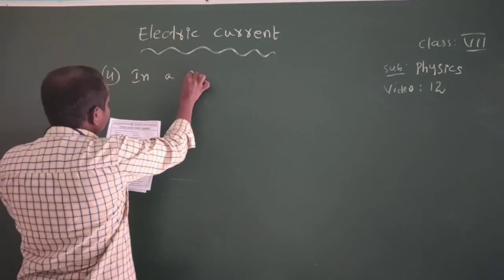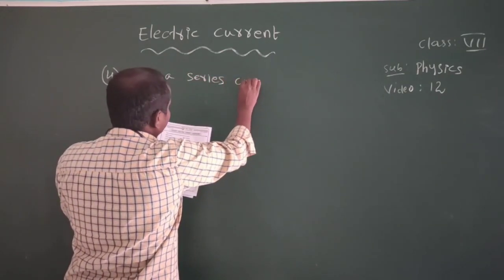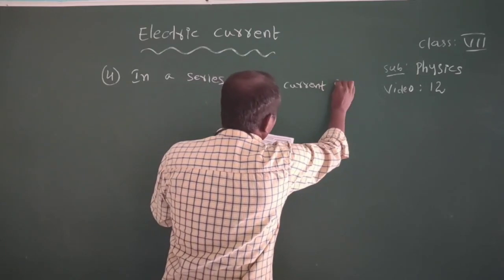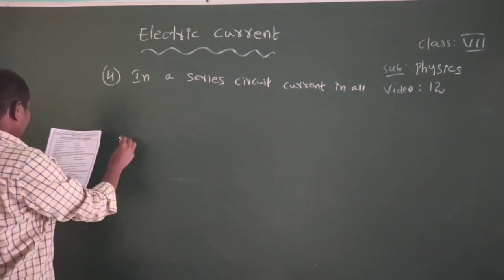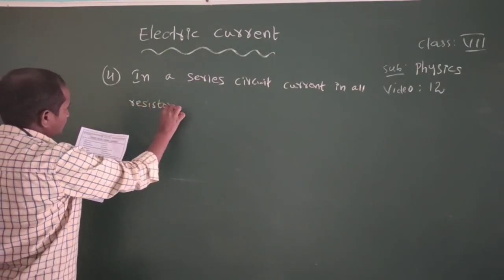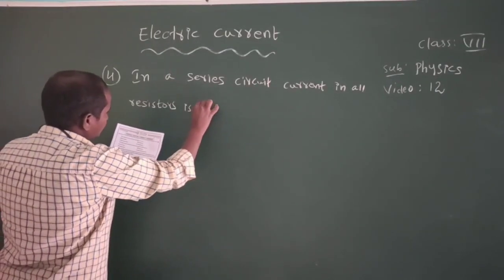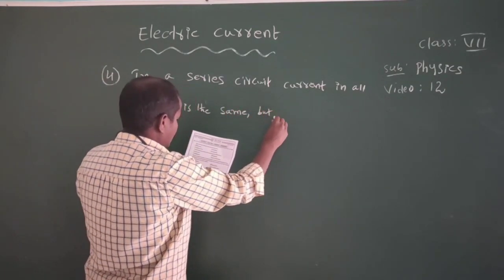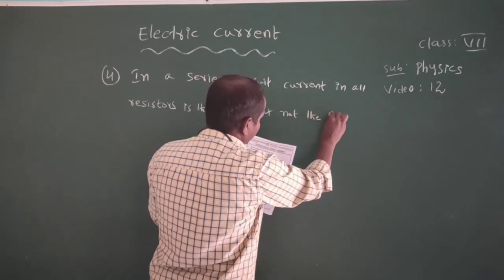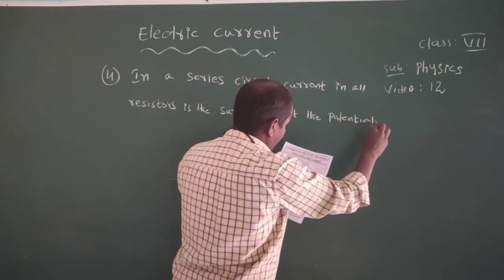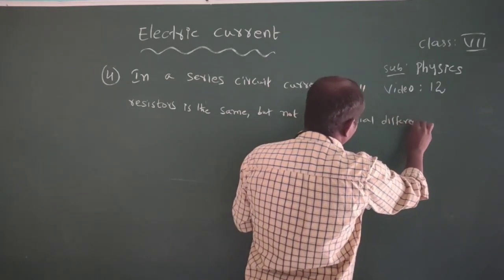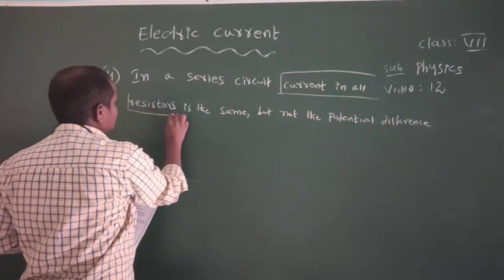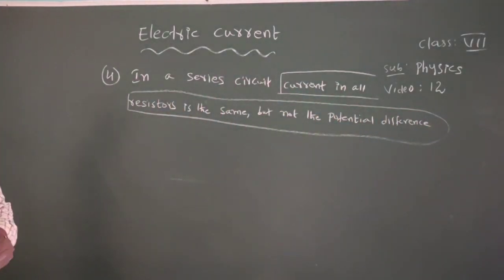In a series circuit, current is the same but potential difference is not the same. It is the answer.